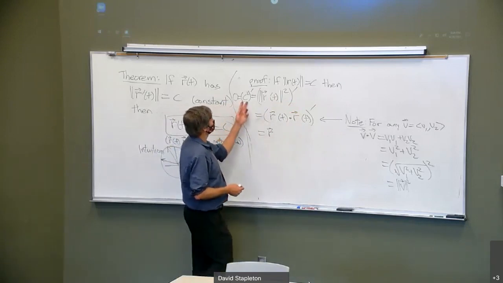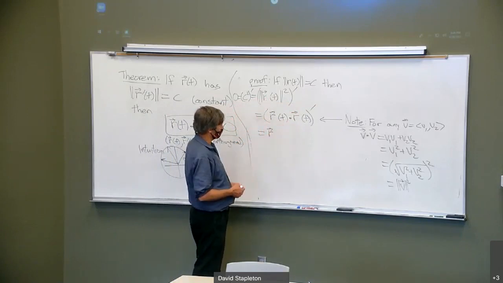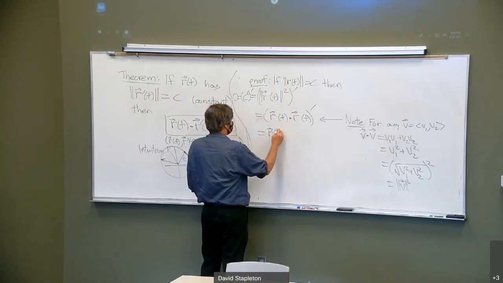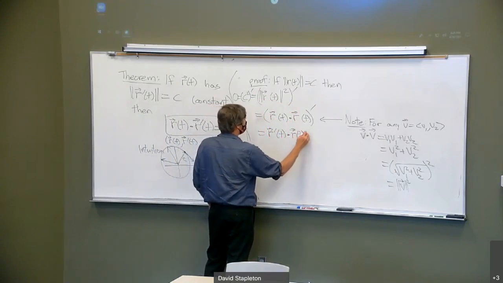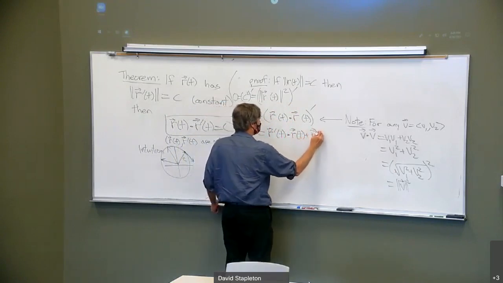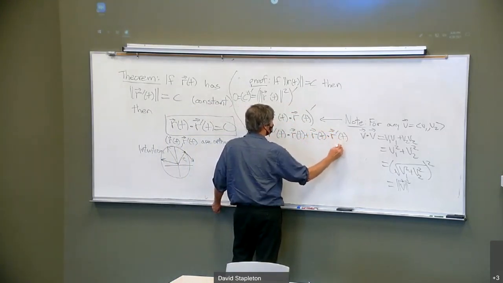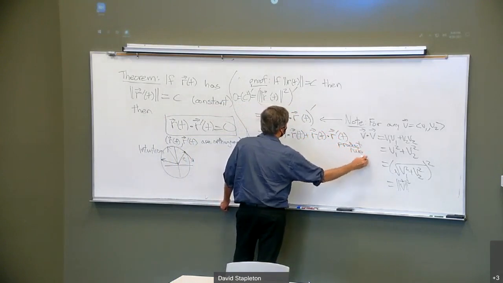So c is equal to the length of r(t). This is correct. The length of r(t) squared is r(t) dot r(t) by that theorem. But now by the product rule, this is r prime of t dot r of t plus r of t dot r prime of t, right? By our product rule for the dot product.